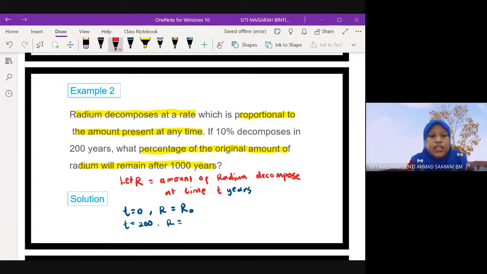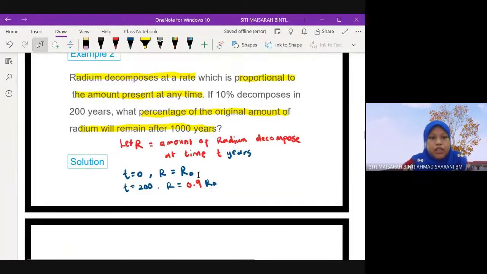Jadi yang tinggal pada 200 tu, pada T 200 tu adalah 0.9. Okey, dia dah mereput 10%, jadi yang tinggal adalah 90%, which is 0.9 R0 lah daripada yang asal.